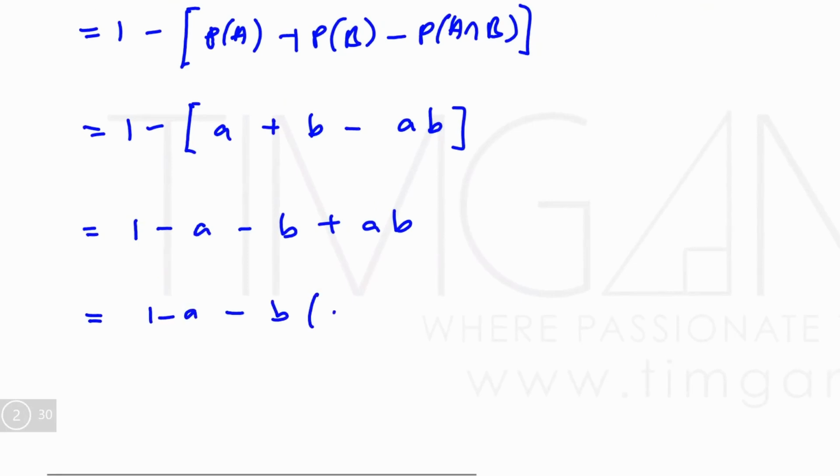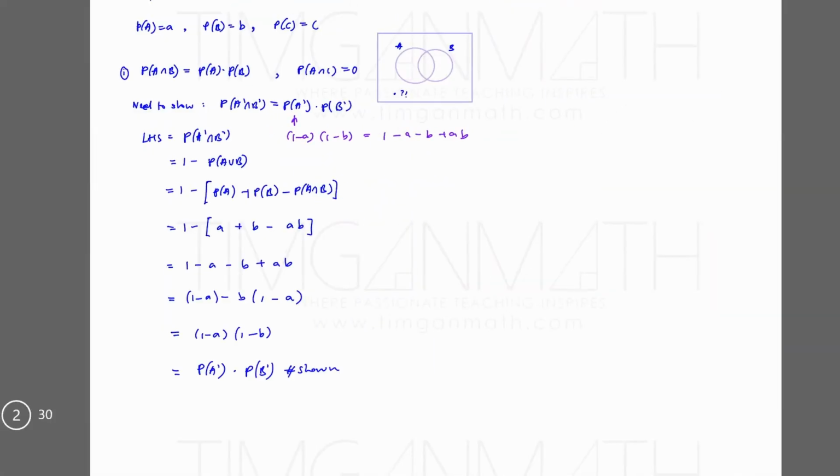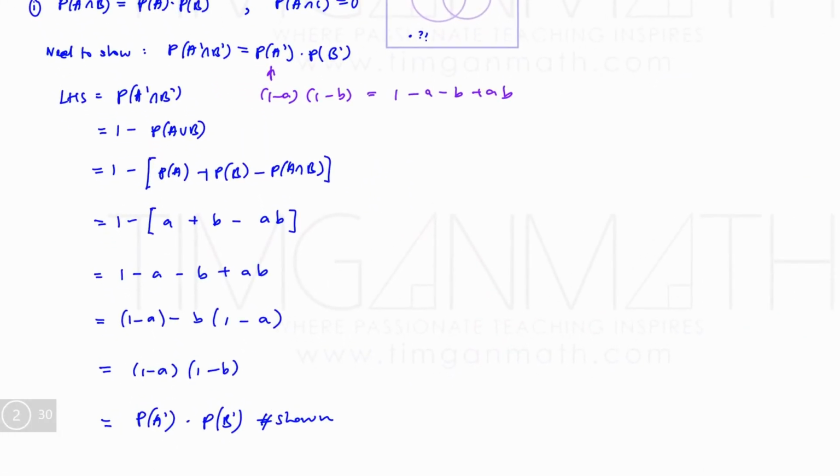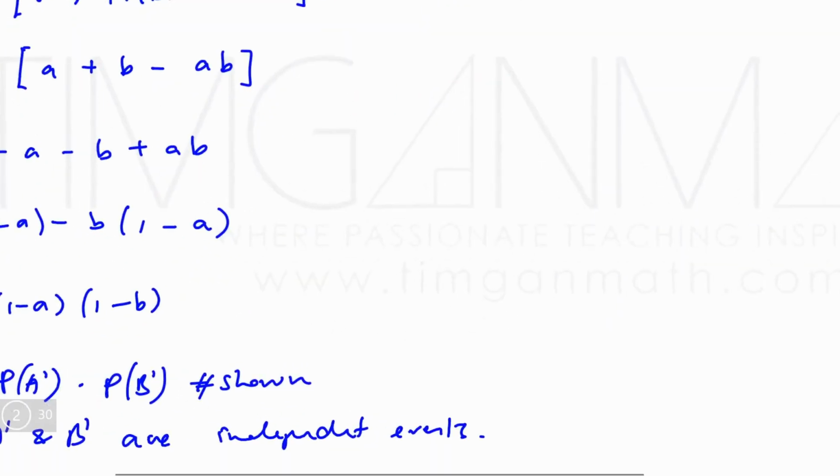This would be 1 minus A, I believe, so you just factorize it out. So this is actually P(A prime) times P(B prime), shown. That's how you show it. Hence A prime and B prime are independent. Okay, that's it.